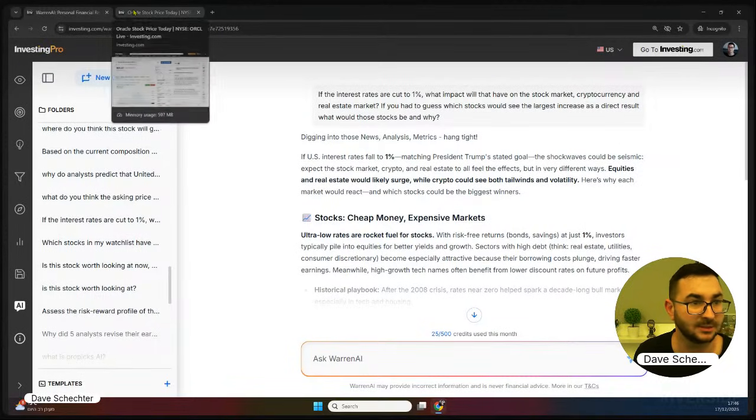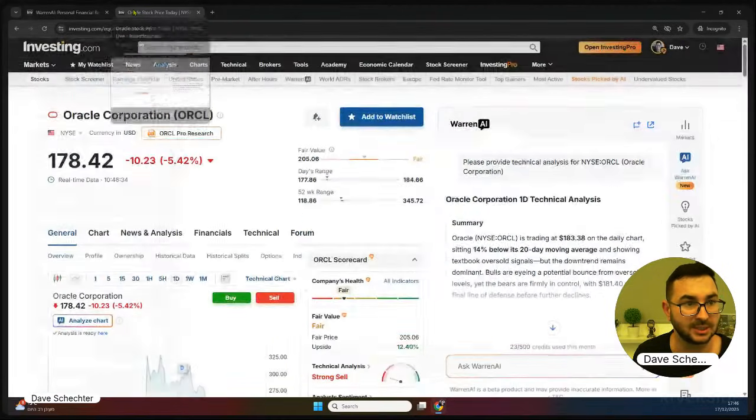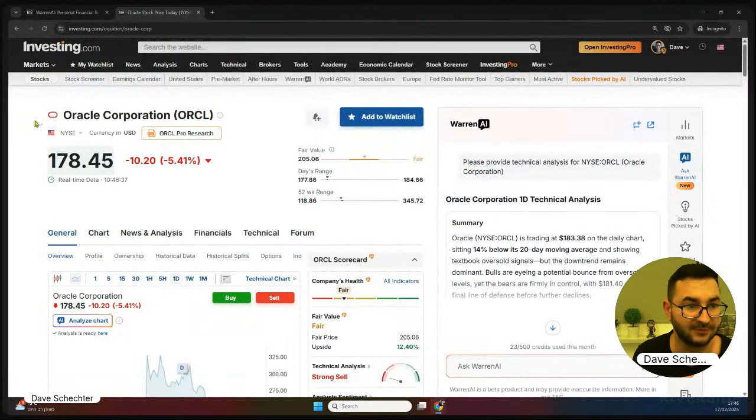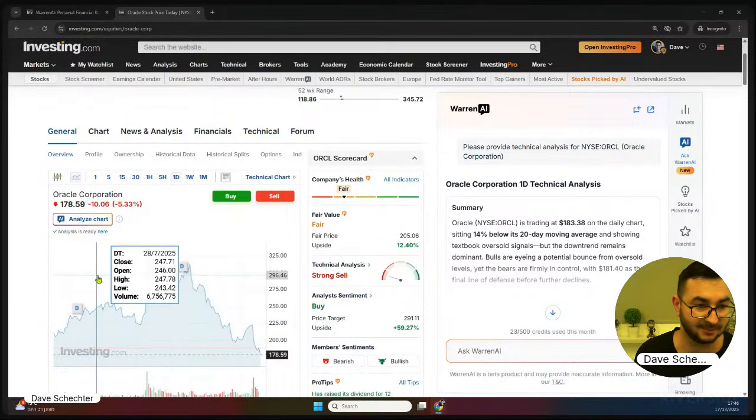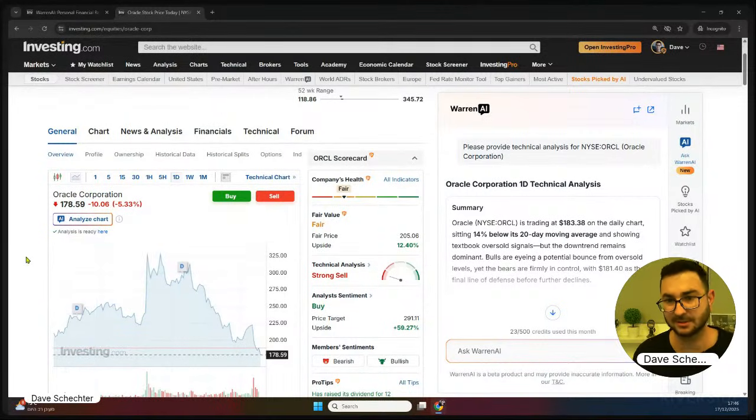And then finally, one thing I want to showcase, which is a new feature that we launched less than a month ago, is something called Analyze Chart, where essentially Warren is analyzing real-time price charts in order to give you technical analysis based on any time frame. Could be 1 minute, 5 minutes, 1 day.